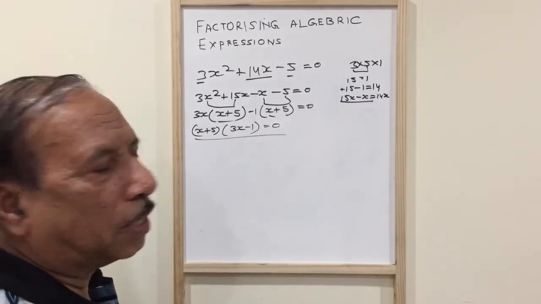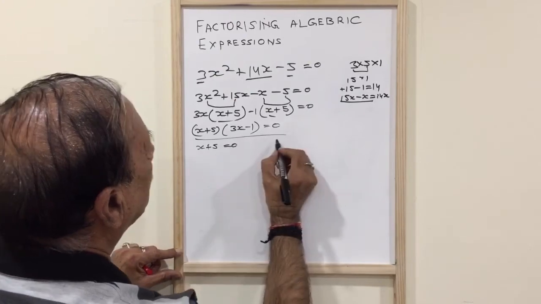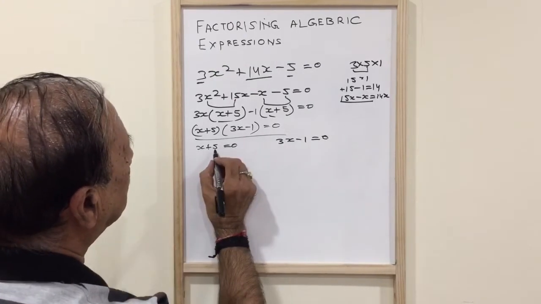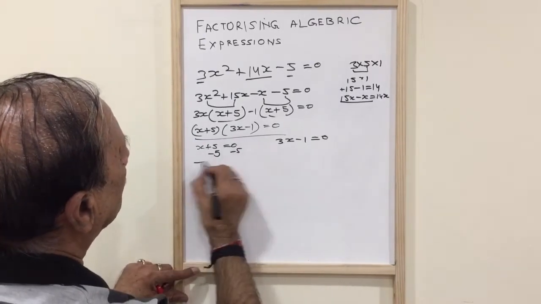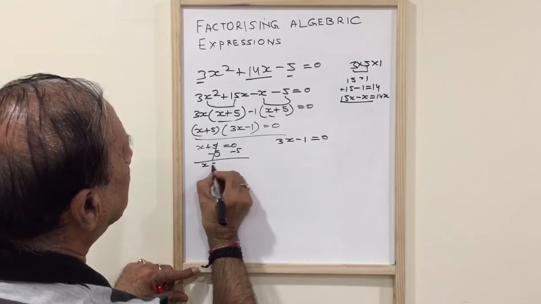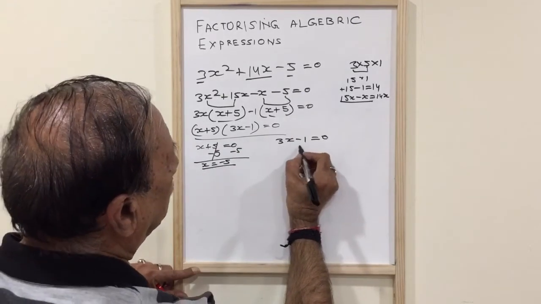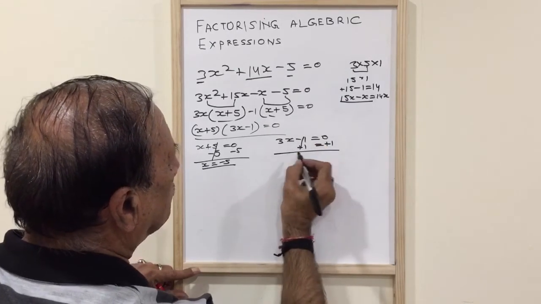Further, to find out the value of x, we will put x plus 5 is equal to 0 or 3x minus 1 is equal to 0. So first we solve it. We can subtract 5 on both sides, so this will be cancelled. So x is equal to minus 5. And here we can add 1 on both sides, so this will be cancelled.